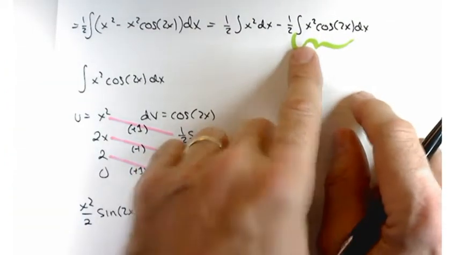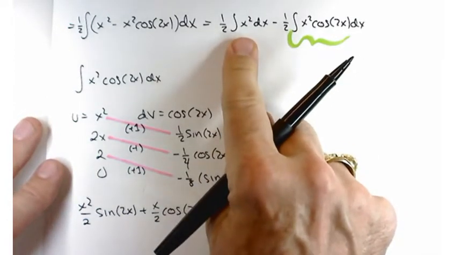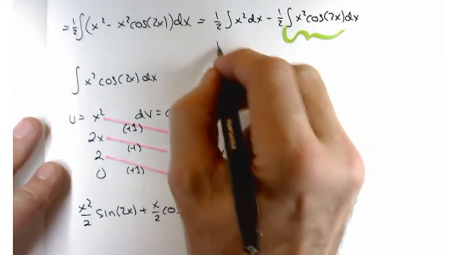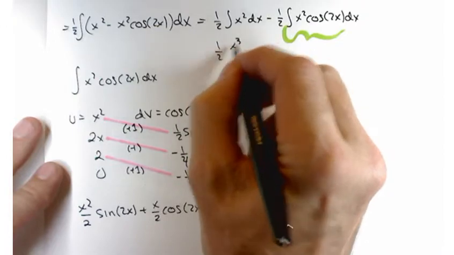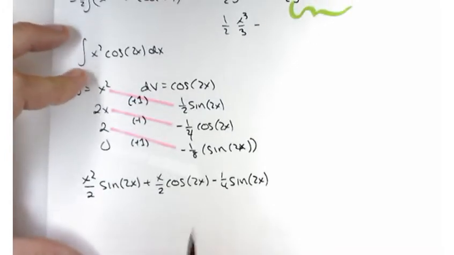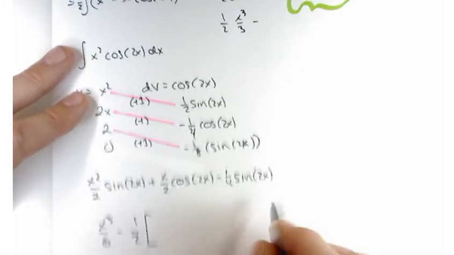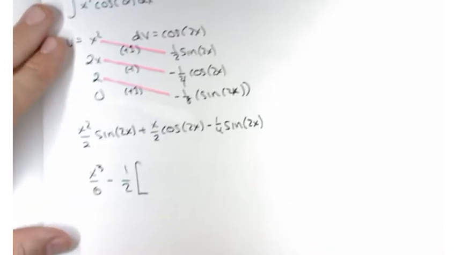I need to multiply this result by 1/2 and include this result. So this is going to be 1/2 times x to the third over 3 minus this mess. So let's see if we can put it all together. It's going to be x to the third over 6 minus 1/2 of all this.